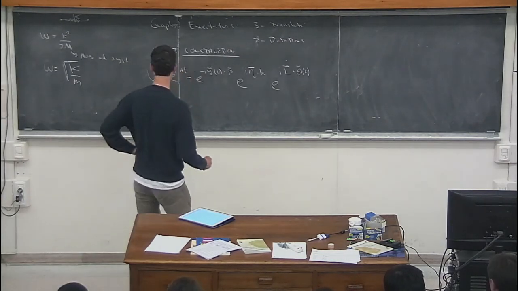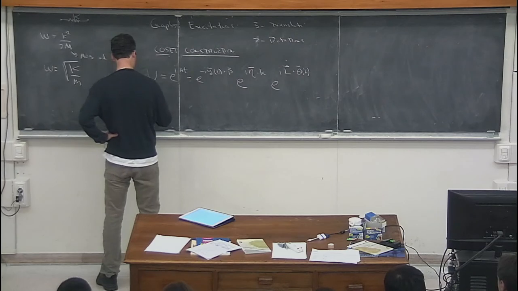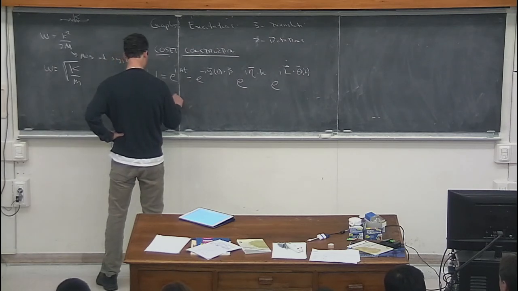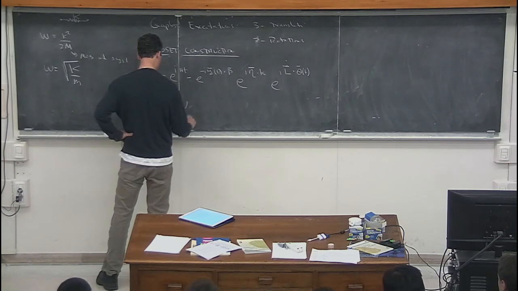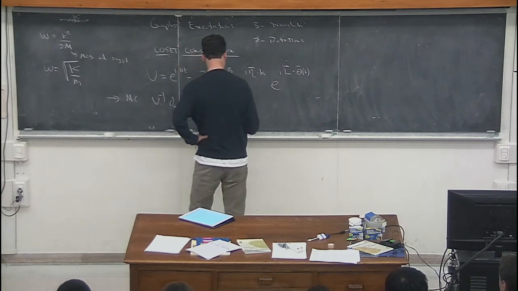So again, remember the algorithm is to calculate the Maurer-Cartan form. And this, again, E, which is going to be 1 again, is now going to have H0.